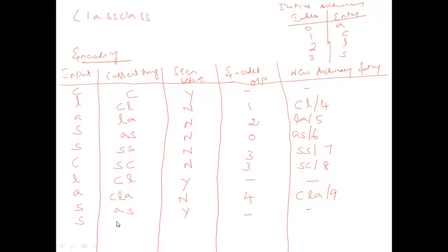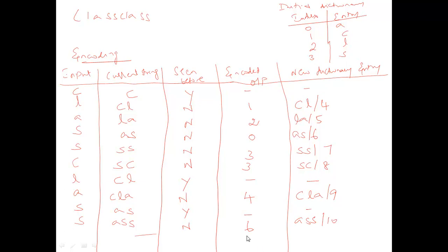So you take AS plus the current input S. Have you seen ASS before in the dictionary? No. Then what you have to do? You have to encode only the previous current string AS. So where is the AS? AS in the position 6. And this current string ASS will come in the entry 10.